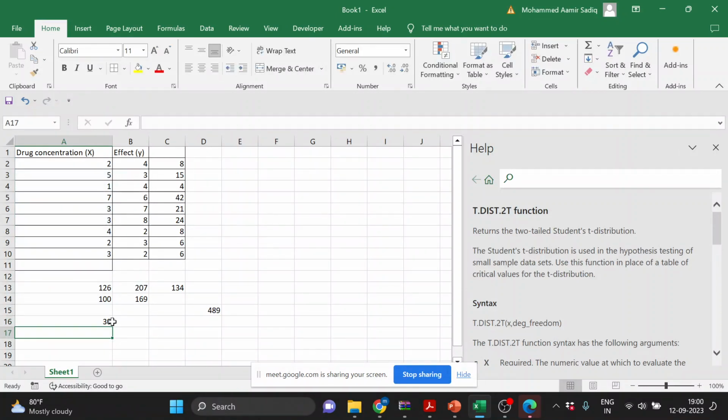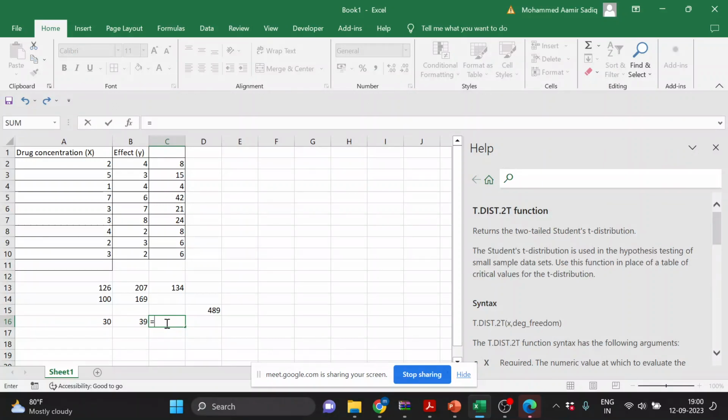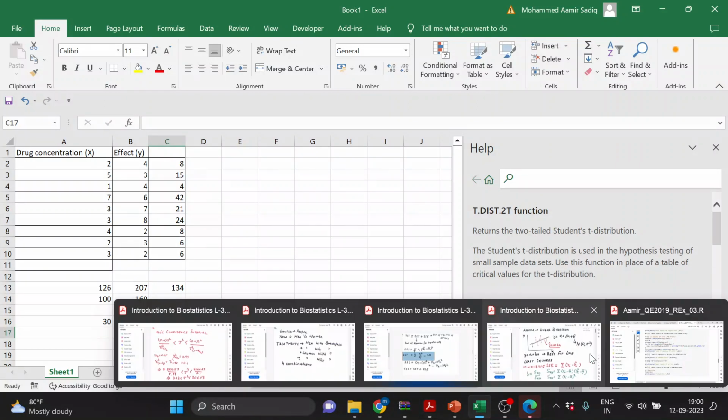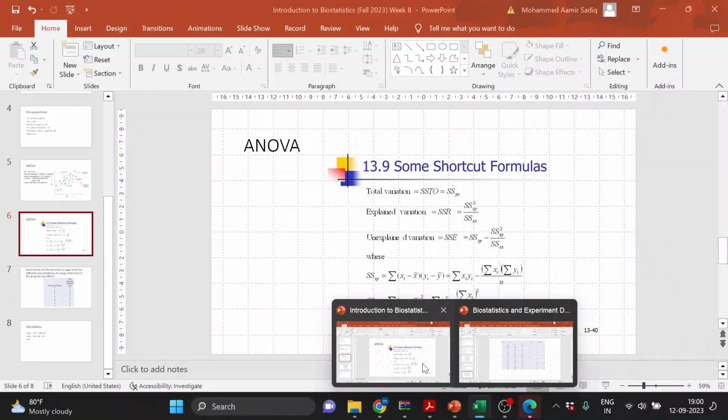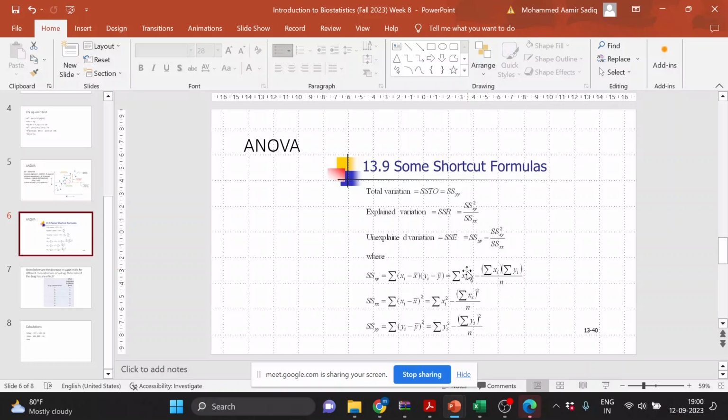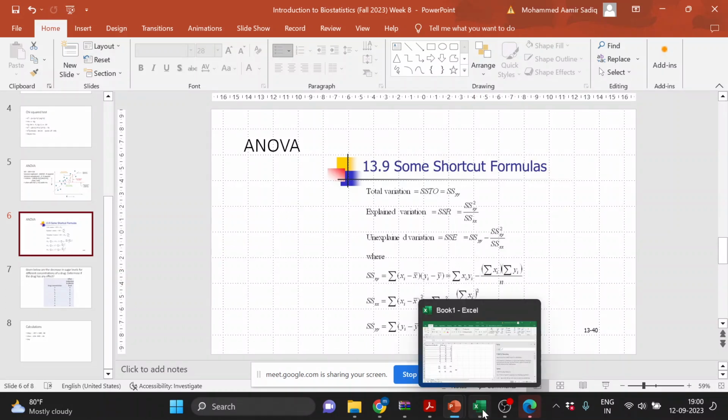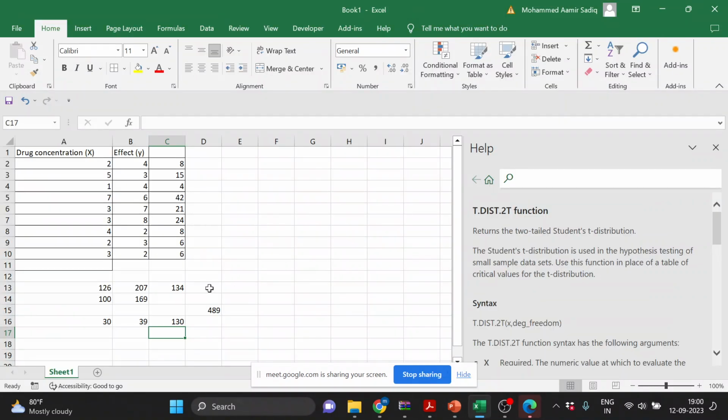Similarly, our sigma Y is the sum of all our Y values, and this is this into this divided by 9. Why 9? Because that's the sample size. So XiYi, the sum of that is 134 minus 130.